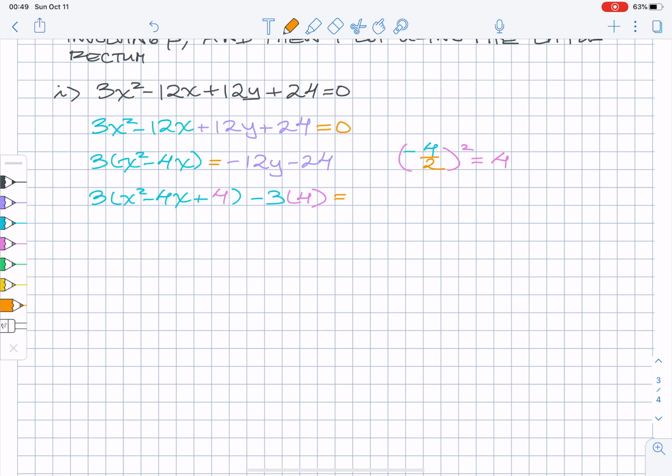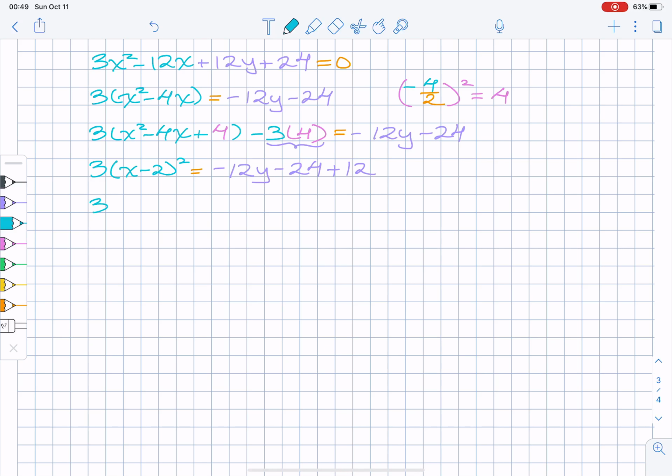And this will be equal to, on the right-hand side, well, not yet. So we have minus 12y minus 24. Okay, so now we have 3 times the quantity x minus 2 squared is equal to, now what 3 times 4 is 12, so I claim we have minus 12y minus 24 plus 12 from here.